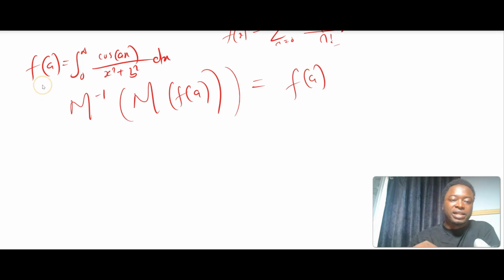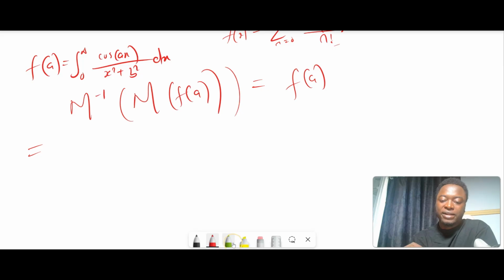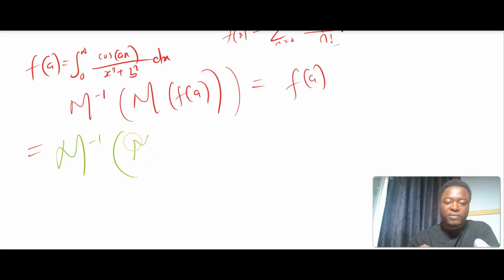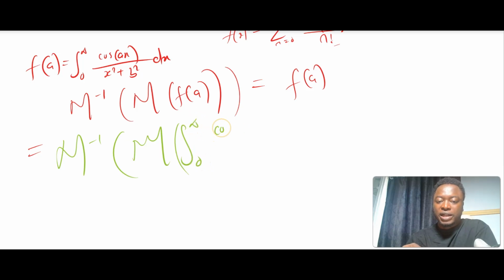So basically this f of a, we could write it as the inverse Mellin transform of the Mellin transform of the integral from 0 to infinity of cosine of ax all divided by x squared plus b squared dx.